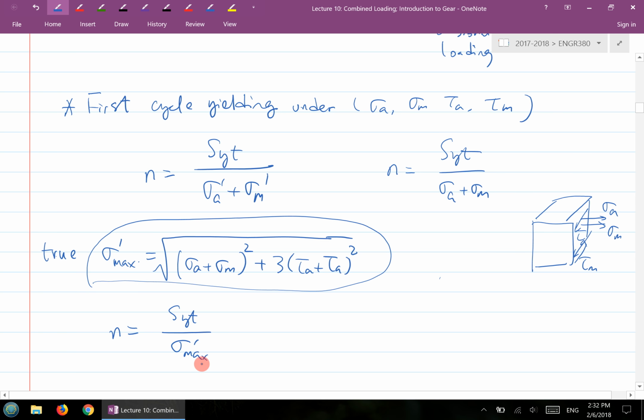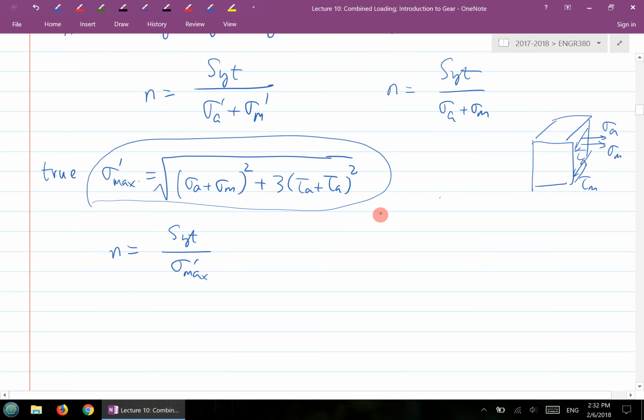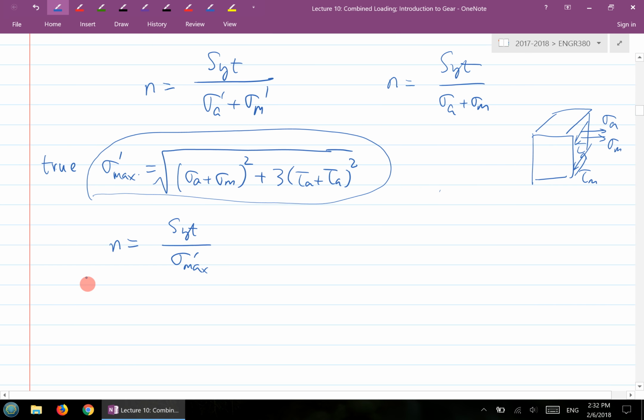In theory, you can derive sigma A prime, sigma M prime, which in general is greater than sigma max prime.